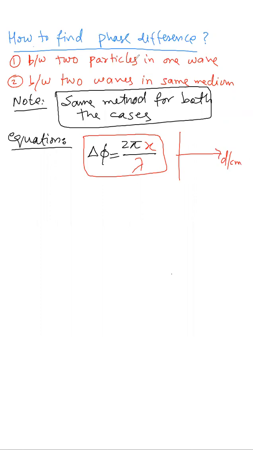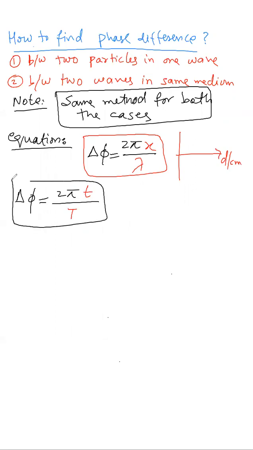On the other hand, this formula can be transformed into another formula with different terms, and you will be using this if along x-axis is time. So if along x-axis is time, you simply have to replace x with small t and lambda with T. Okay, you have to be careful with this, as what is x in the above equation?